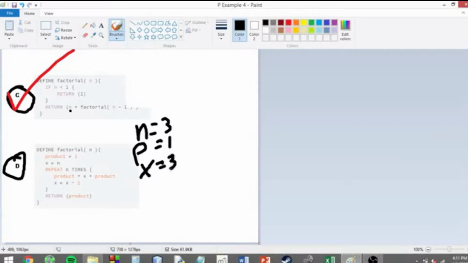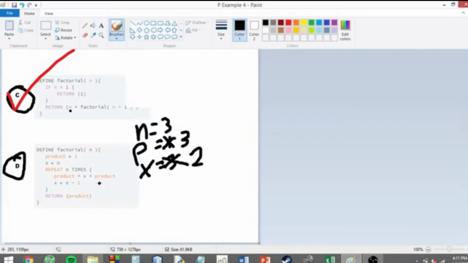And we're repeating n times, which is 3. So 3 times in a row, we're going to set product equal to x times the product. Okay, x is 3, product is 1. We're going to set product equal to 3 times itself, which is 3. And then we're going to change x to be x minus 1. So that goes from x equals 3 to x equals 2.